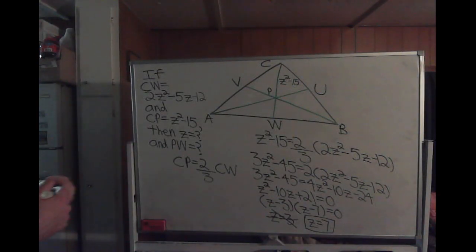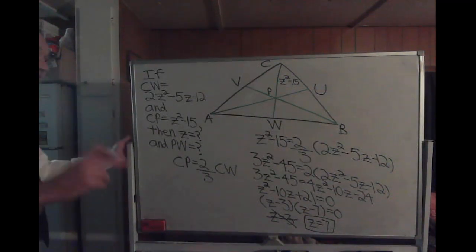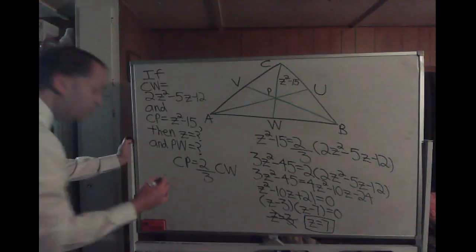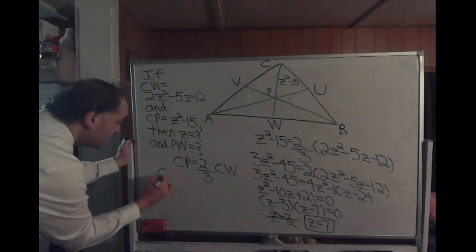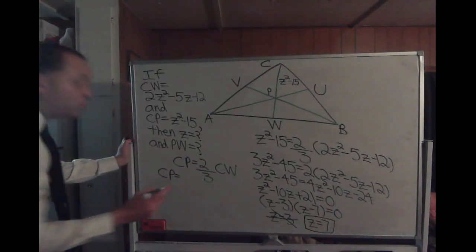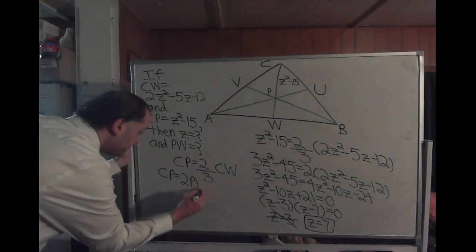Now, we got that CP is 2/3 of CW, but from the previous exercises, we also know that CP equals what? Twice PW.